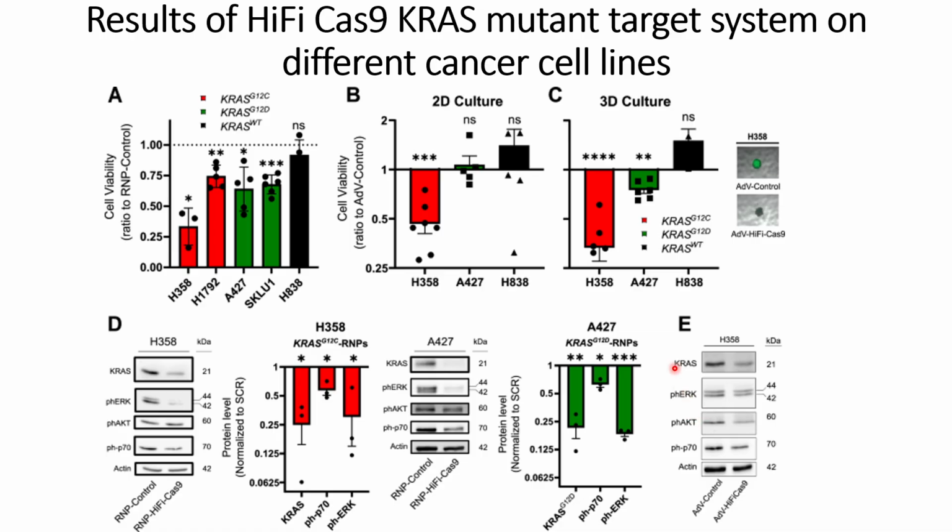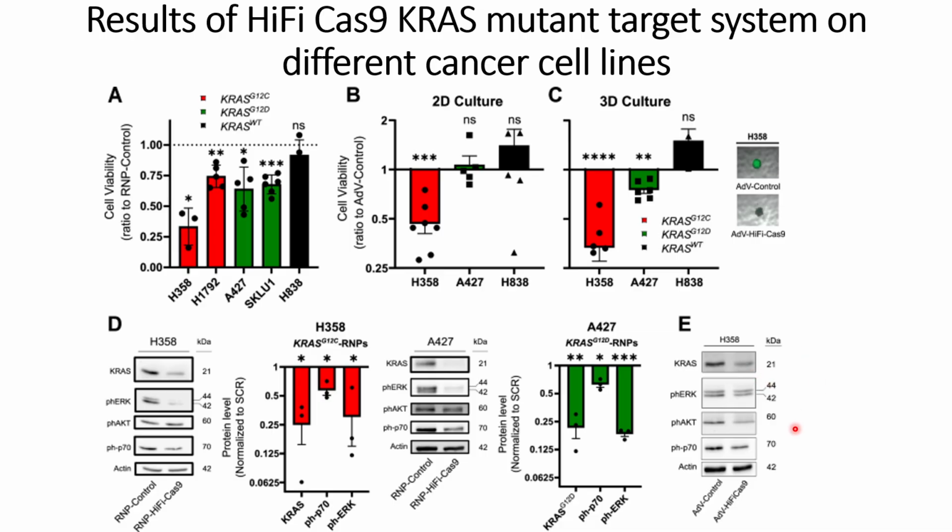When they did similar studies with the adeno-associated virus HiFi Cas9, they see smaller reductions in KRAS and phosphorylated P70, and also small reductions in phosphorylated ERK.